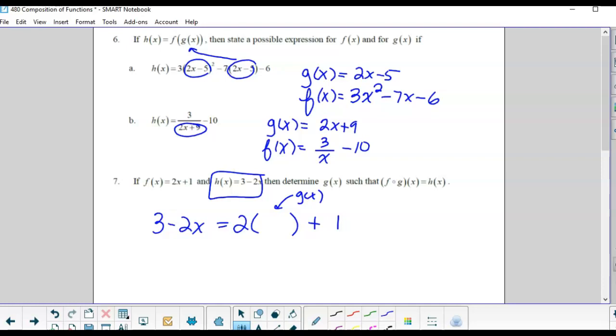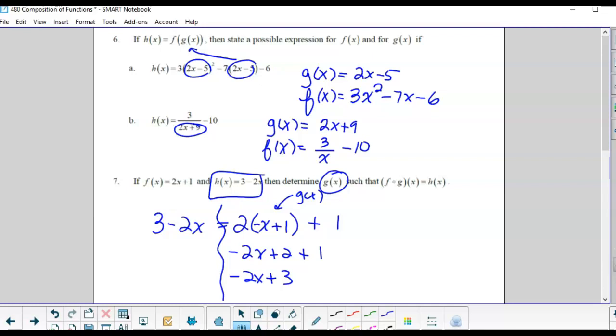So how about a negative x, and then something so that when we add 1 to it, we get 3. So that works. Negative 2x, when I expand this out, I would get negative 2x plus 2 plus 1, which is negative 2x plus 3, which is the same as what we have there. So I'd say g of x is negative x plus 1.